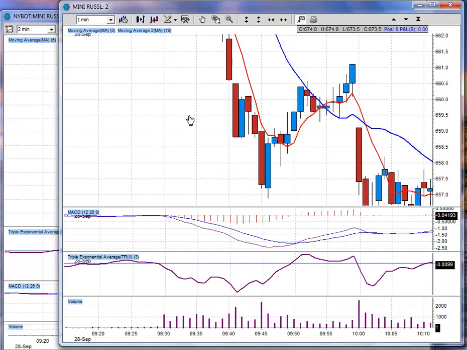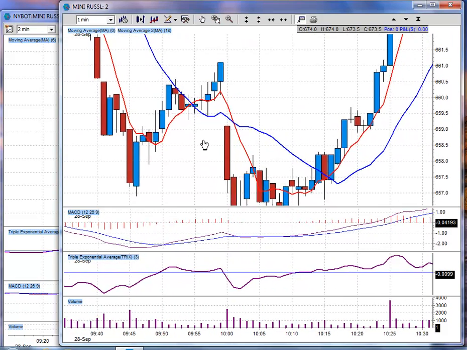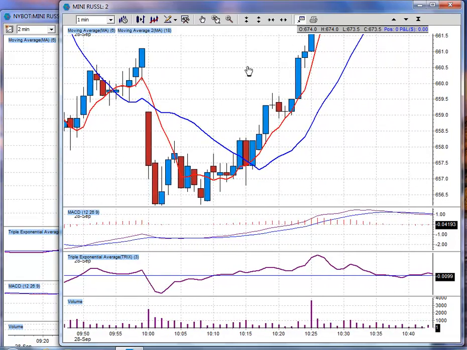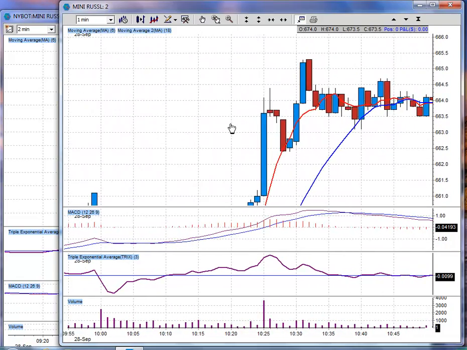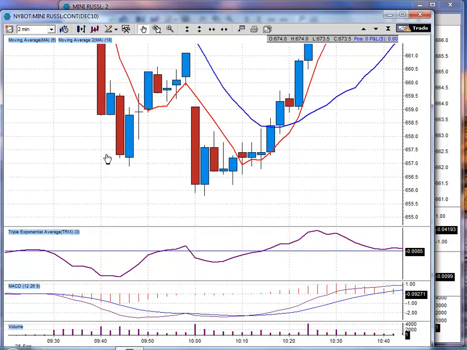Look at the 1-minute chart. You can definitely see that when this starts kinking, boy, we can enter that right down here. So I mean it won't happen like that all the time, but the 1 minute will definitely allow you to get into some trades that you can't get in on a longer term chart, such as the 2 minute.